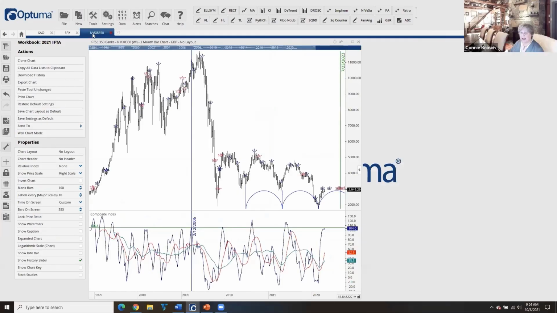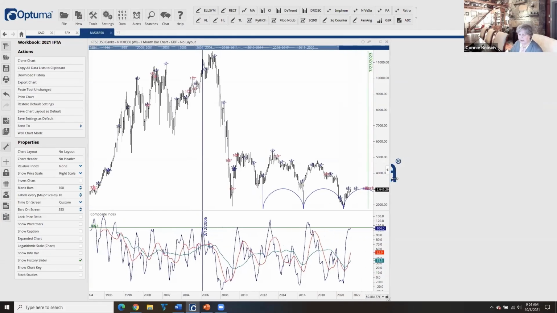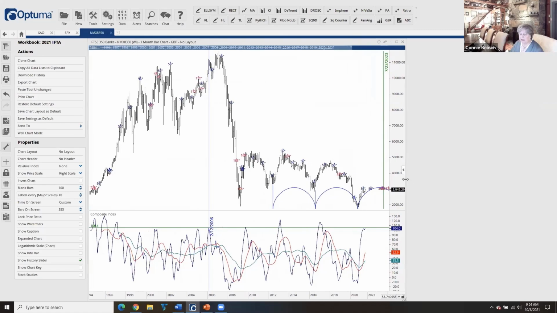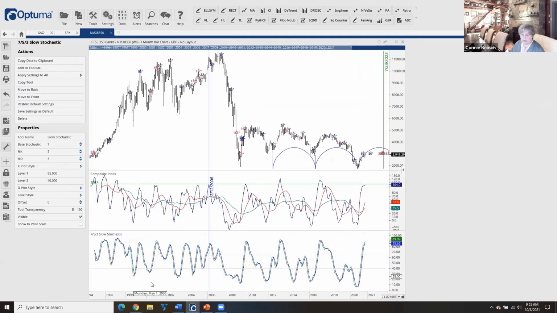Let's take a look at FTSE 350 banks, because I know we have a lot of people from London here today. Here I'm taking a look at the composite index, and here's the fixed period I'm going to set up. It shows 50. So when I add stochastics, the period I should use is half that cycle, and that will be 25, not 7.